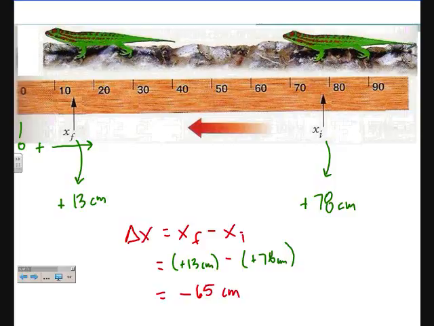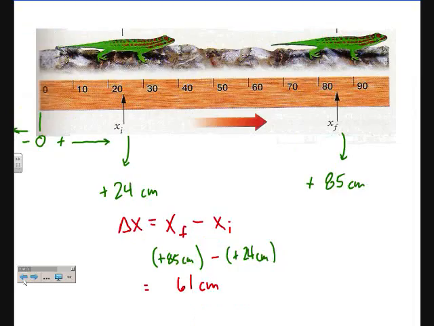No, that's not a problem. That's how we distinguish one direction from the other direction. The positive and negative, we said, is part of our frame of reference, part of our coordinate system, and it distinguishes one way from the other. So if this red buggy or gecko had a positive displacement, like here, that indicates movement in the positive direction of whatever frame of reference we set up.